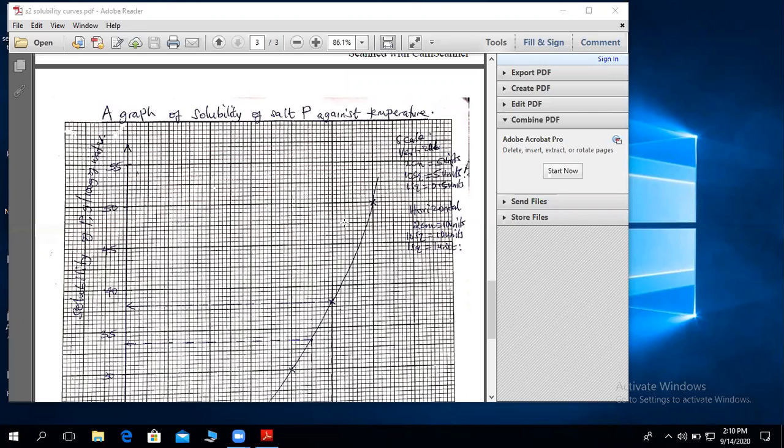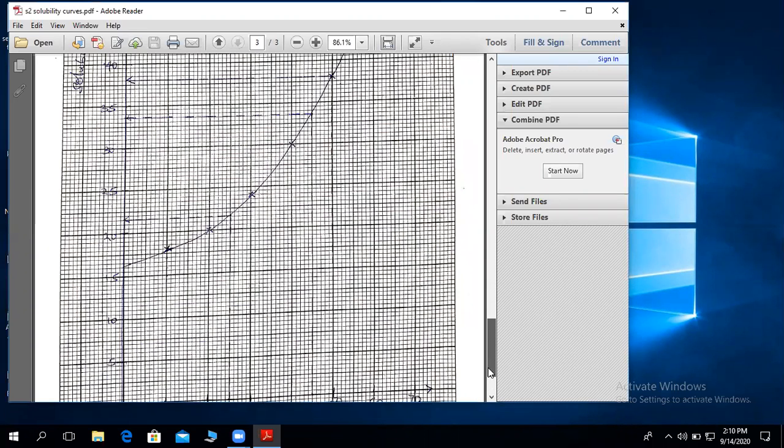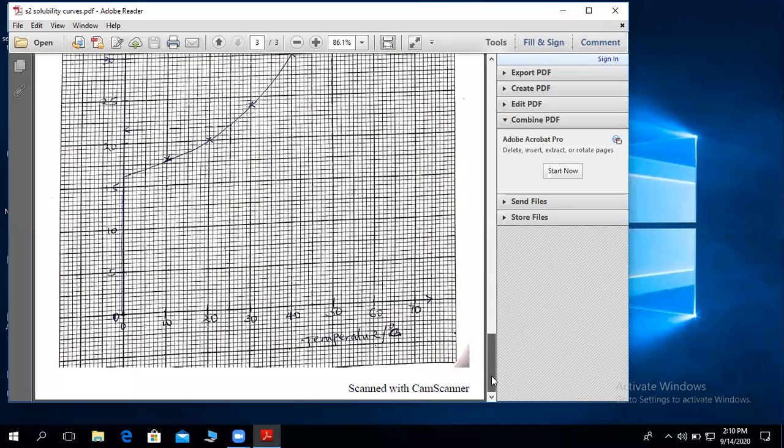In that case, I also give you nothing. Write things the way they are supposed to be. This is solubility of P in grams per 100 grams of water. So write the units. And the temperature is in degrees centigrade, as you can see.